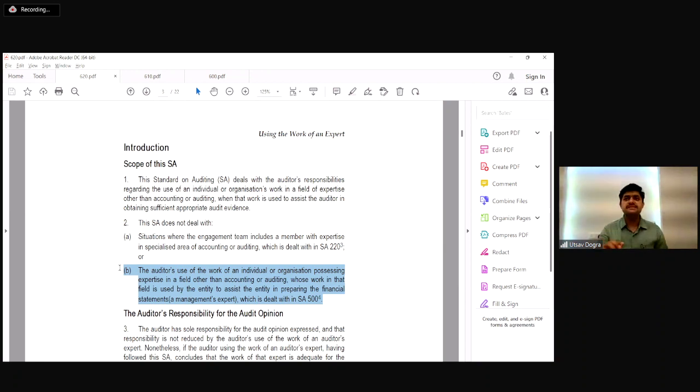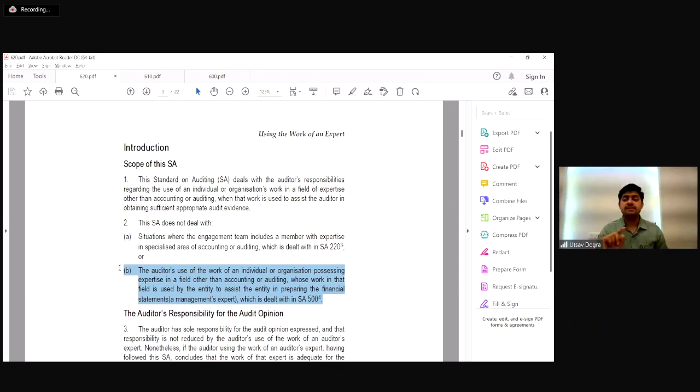So what can be the best example? The actuarial valuation of the gratuity provision, or such provisions, if it is being done by, let's say, the LIC or some actuary, or if we have our own trust. In that case, the management is engaging those experts. The management is engaging the actuarial valuer.